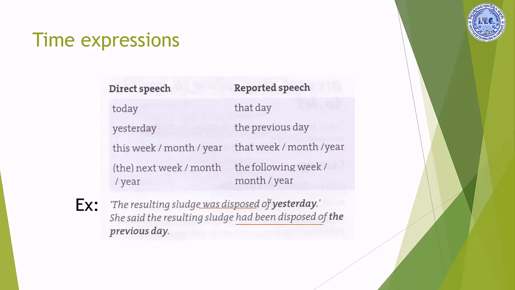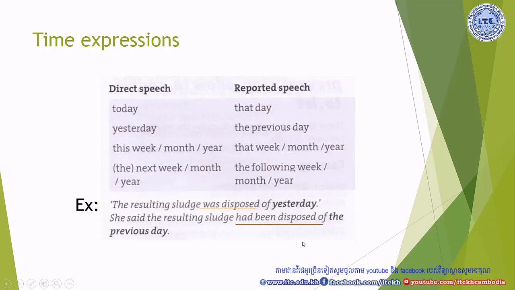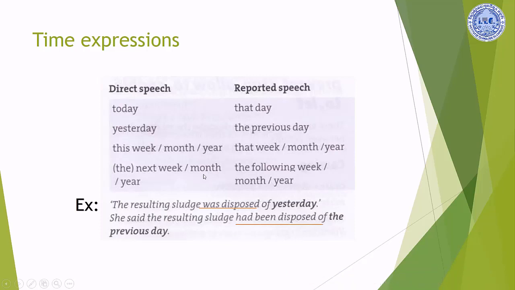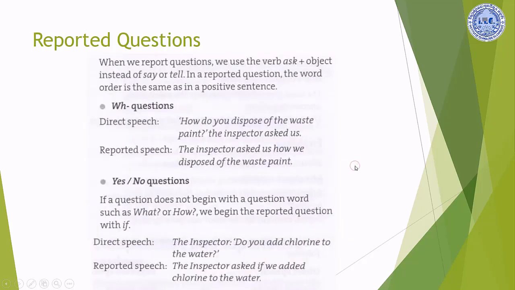So here it is past perfect but in the passive form, because past simple here is written in passive form, so past perfect should be written in passive form as well. So it is easy, everyone. Just remember the tense that you have to change from direct speech to reported speech, and that's it. Thank you. Let's move on to the next one.